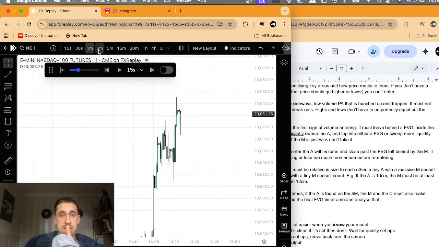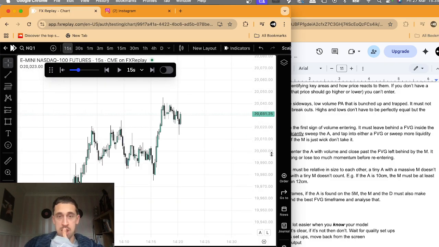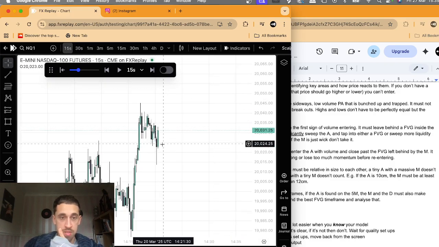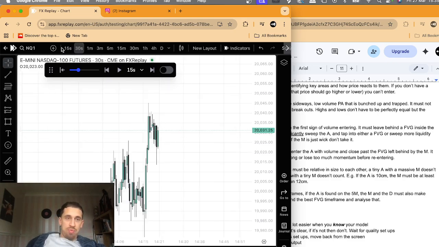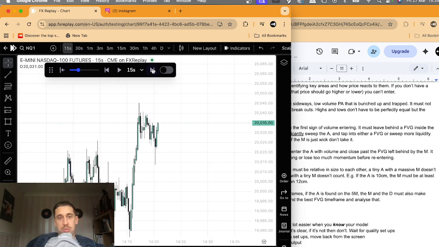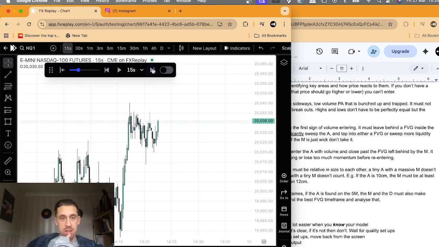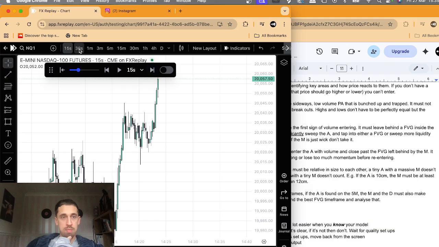Looks like I've got another. Done a secondary job, we tapped into the 1 minute. Let's see. 15 seconds, there is a gap there. I can't trust it because it's just a wick. Okay, I'm fine with that.